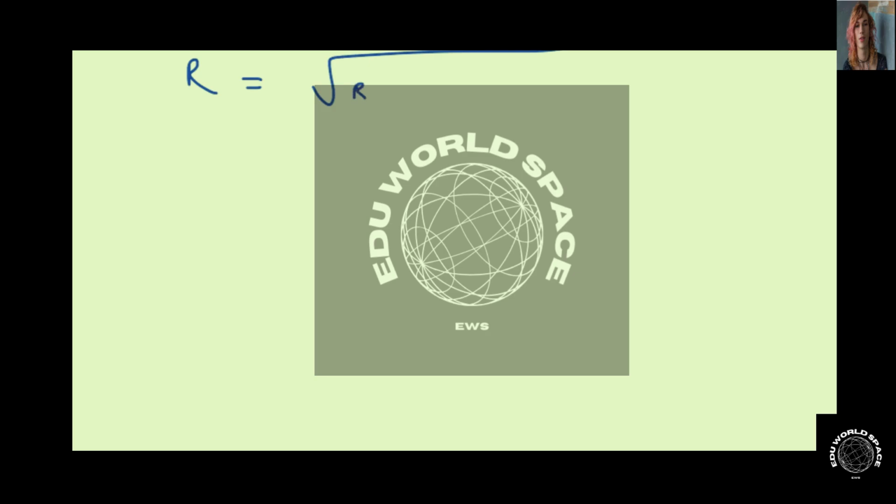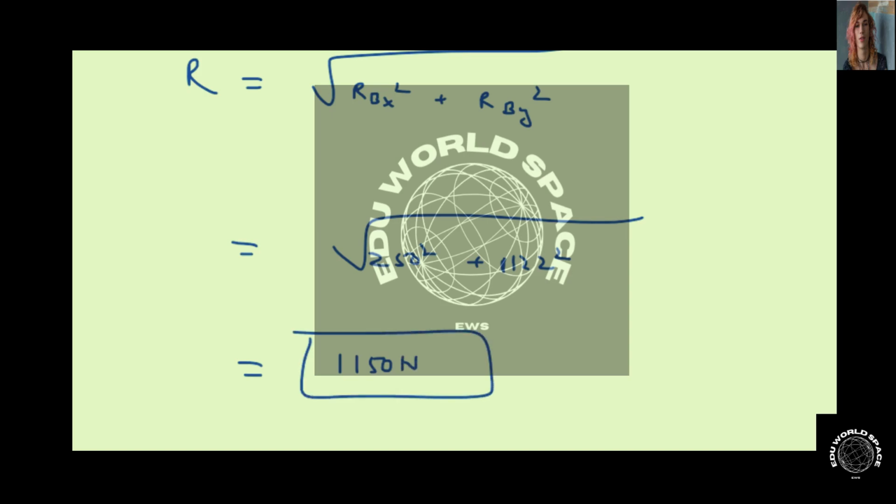Now finally you can write the value of resultant force R is equal to under root Rbx square plus Rby square, that is equal to under root 250 square plus 1122 square. So it will be equal to 1150 Newton.